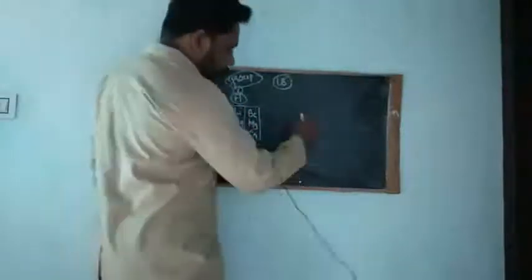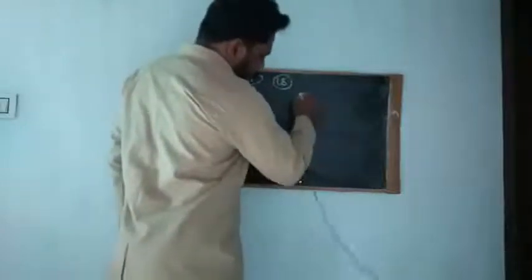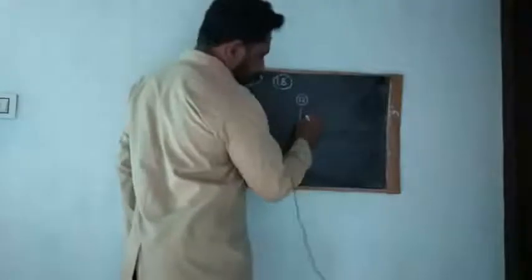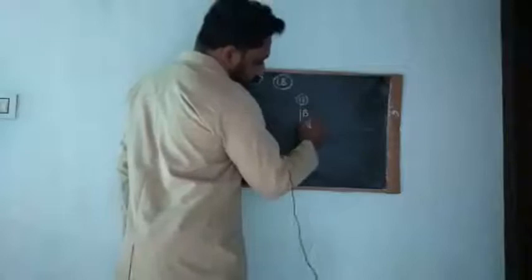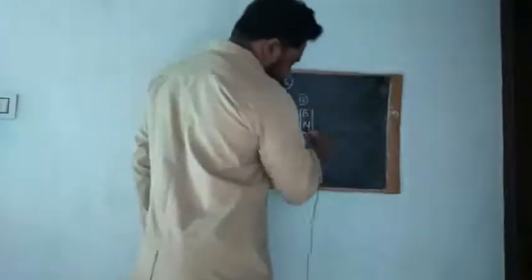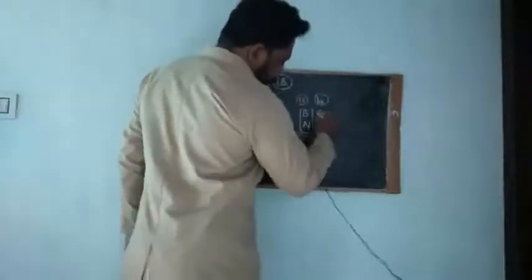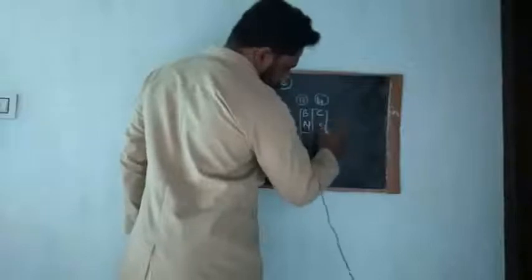Now we'll study the 13th group. It consists of many elements, but you have to learn by heart at least boron, aluminium. The 14th group: carbon, silicon. Learn this by heart.